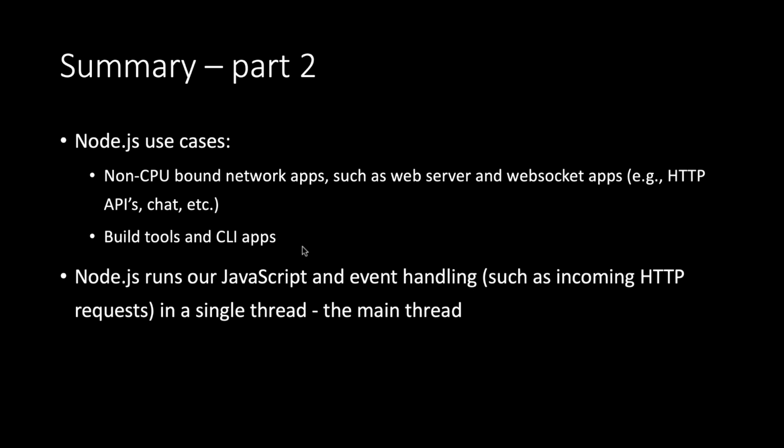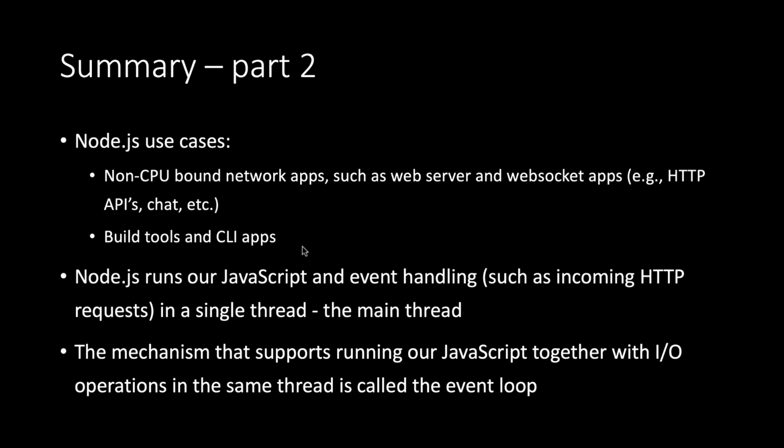Node.js runs our JavaScript and event handling such as incoming HTTP requests in a single thread, the main thread. The mechanism that supports running our JavaScript together with I/O operations in the same thread is called the event loop. Also, we learned a lot about how threads work and the difference between blocking and non-blocking input-output operations.